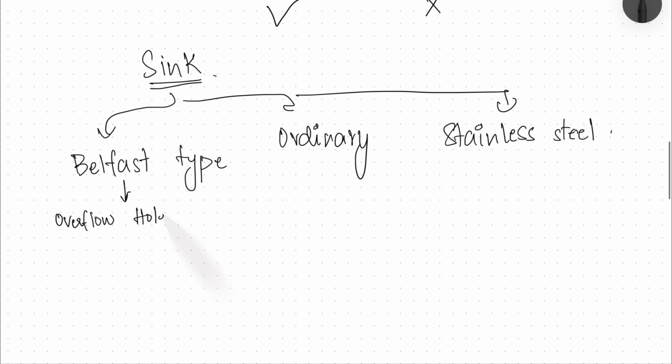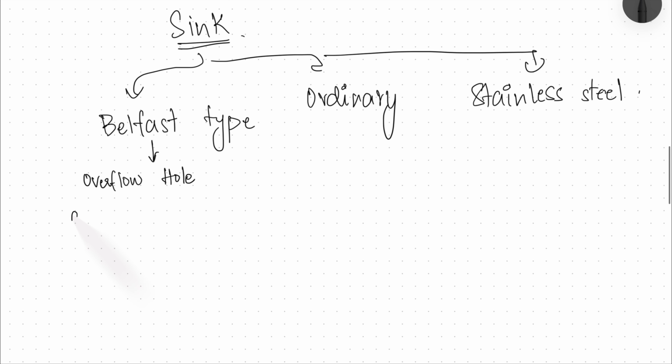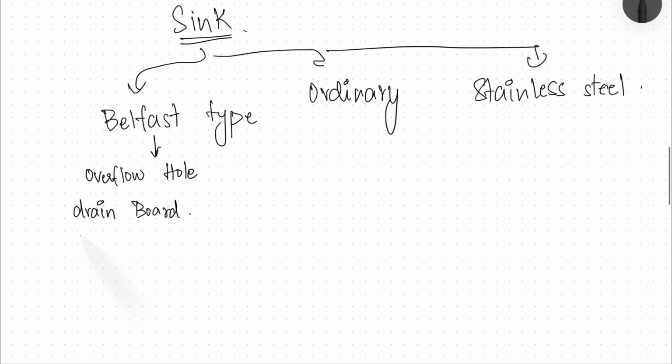You also have drain boards. Drain boards are something that you have on the side of the sink, where you wash your utensils and place them on it so that the water drains back into the sink. So we have drain boards on either side.